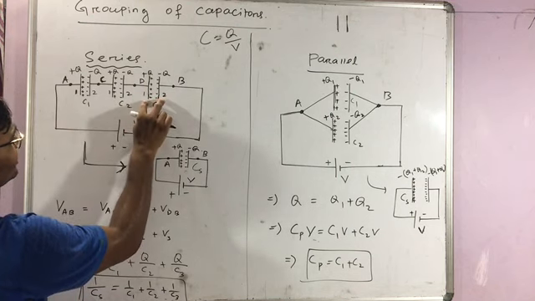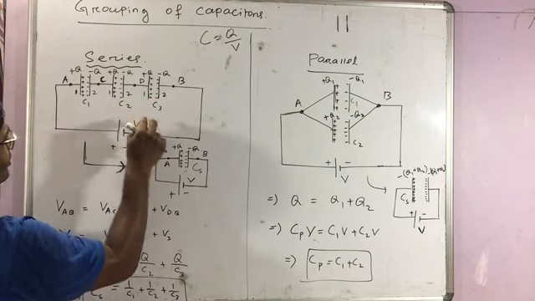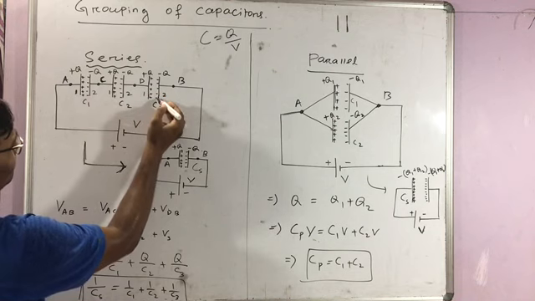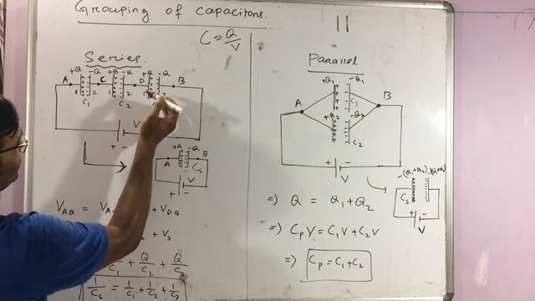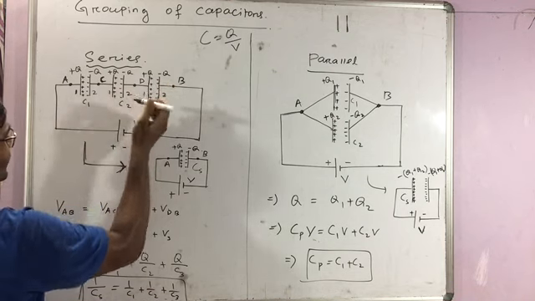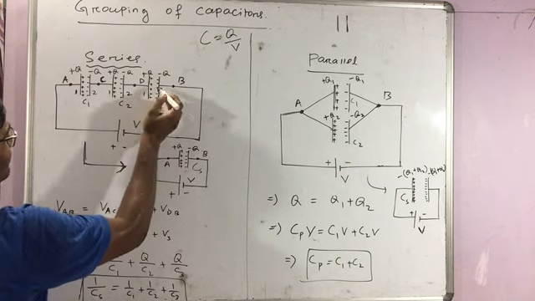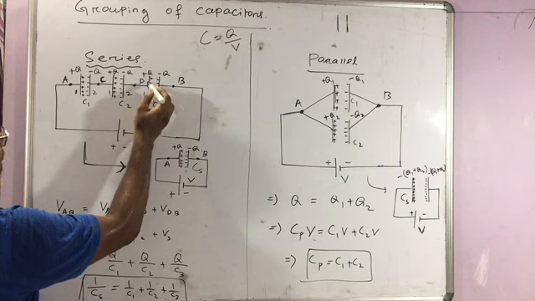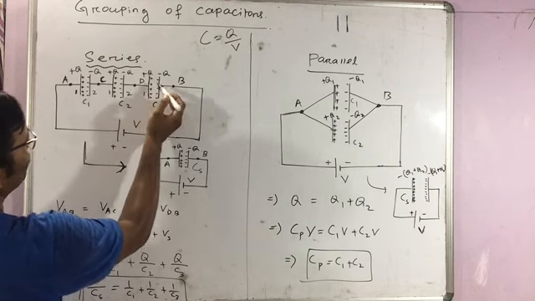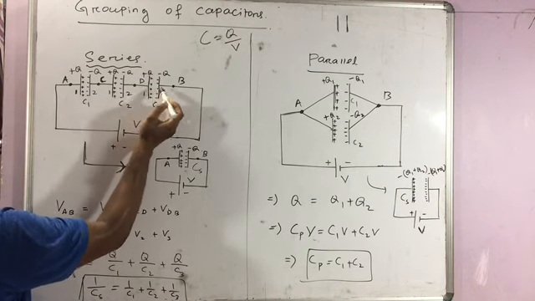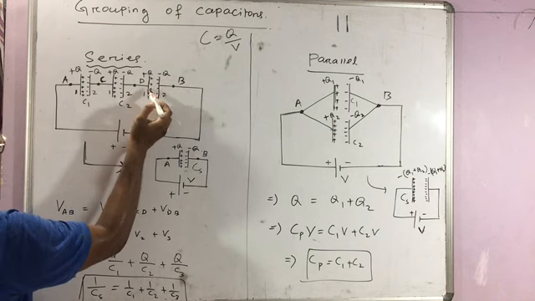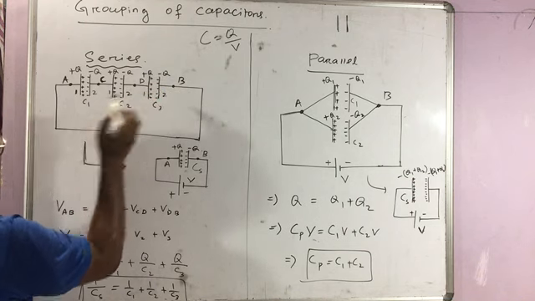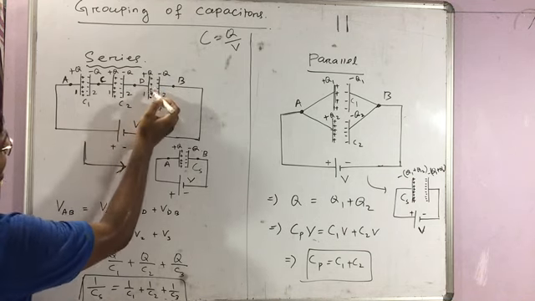Since this plate is connected directly to the negative terminal, this plate gets charged, and there is a gap between the two plates of the third capacitor. This means there is no flow of charge, because this plate produces a field which induces a charge here, and an equal amount of induction takes place. If here it is minus Q charge, you are going to get a plus Q amount of charge at the near end.